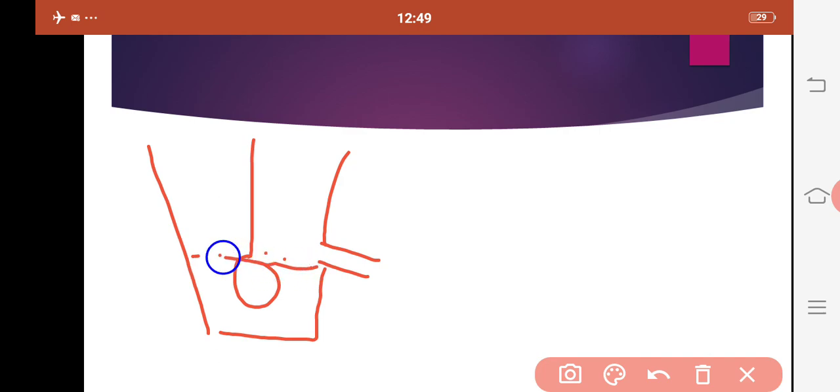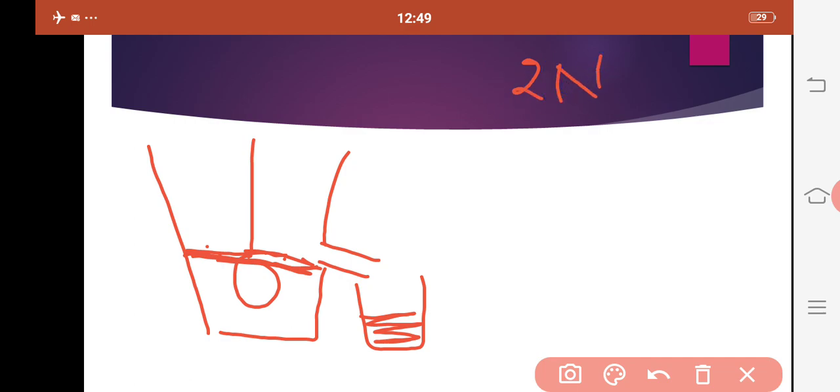Till here, when the water level reaches, it will stop flowing and the water will get collected in this bucket. Earlier it was 2 Newton. Now again we will weigh it and measure its weight. On weighing this bucket with water, we observe that the new weight is 6 Newton.